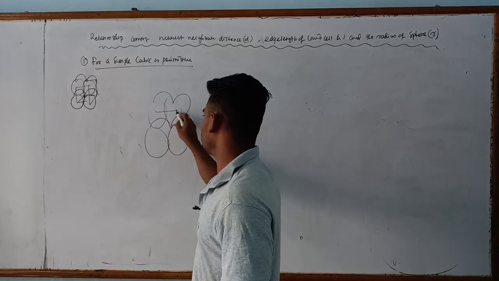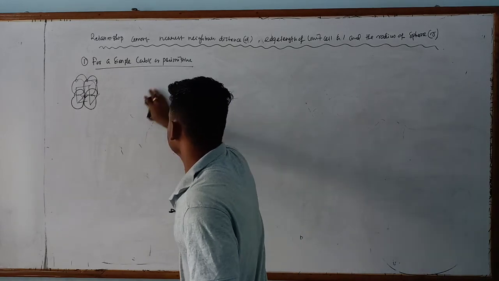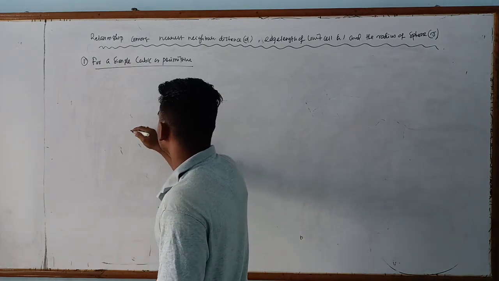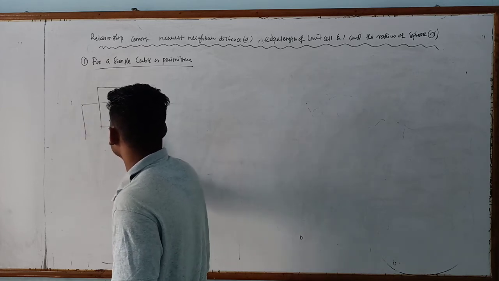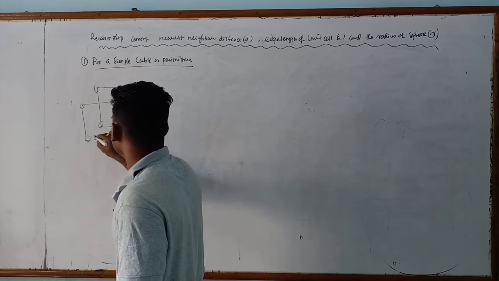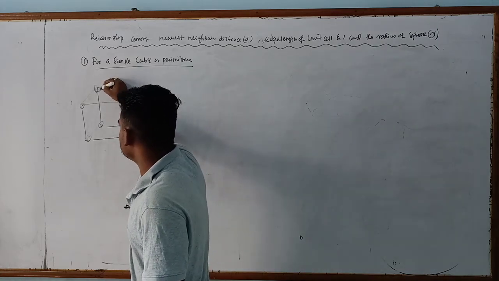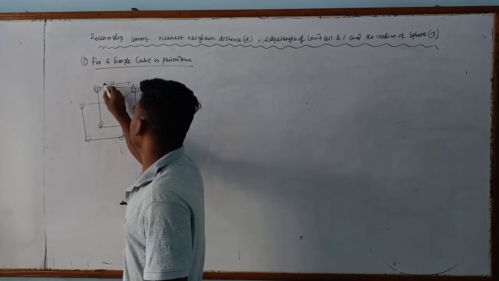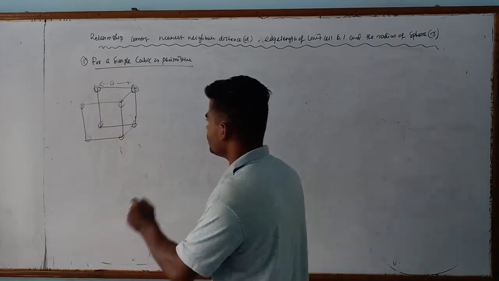So the edge length, that is the length of the unit cell, if you visualize it properly, this one is a simple cube. In case of simple, particles are only at the corners. As I have shown you, this sphere and this sphere are touching each other, and this distance is the edge length, each side of the cube, a.